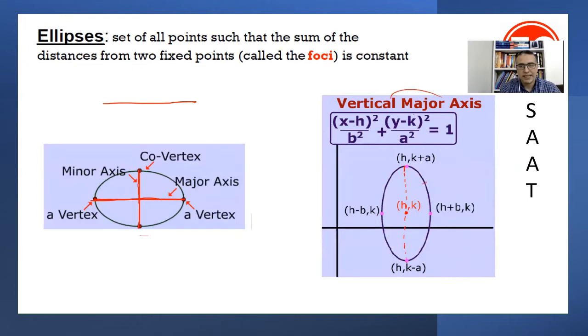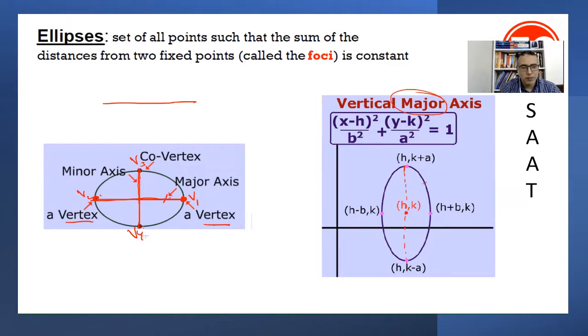In this case, it's a vertical major axis, but in this case, it's a horizontal major axis. The 2 points at the end of the axis are called vertices. So major axis, minor axis, 2 vertices, actually 4 if we count these 2: V1, V2, V3, and V4.